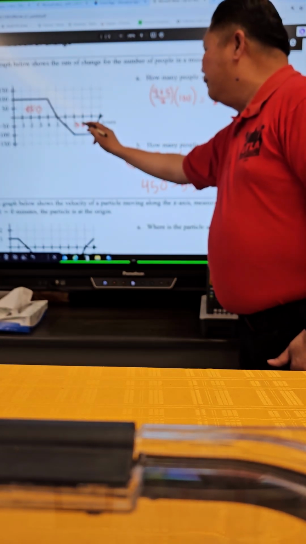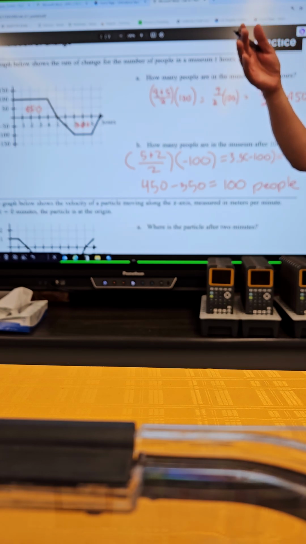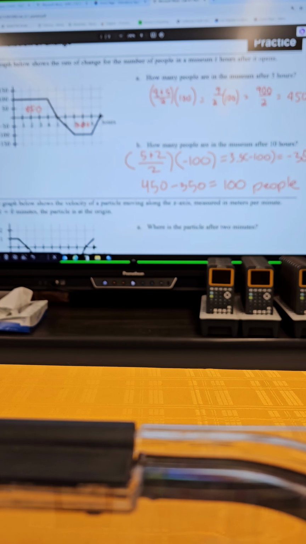So this one is 350, but it's going to be negative. So 450 minus 350 is 100. So after 10 hours, there are only 100 people in the museum, right?